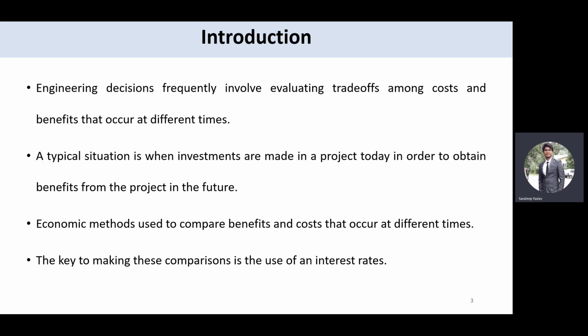Economic methods are used to compare benefits and costs that will occur at different times, and I will tell you in today's lecture how to calculate this. The key to making these comparisons is to use an interest rate. As I've already told you, the basic thing we use for comparing present and future values is interest rates.